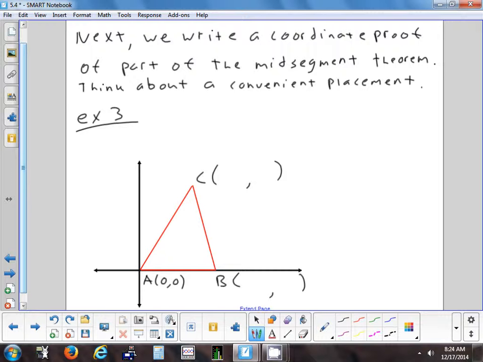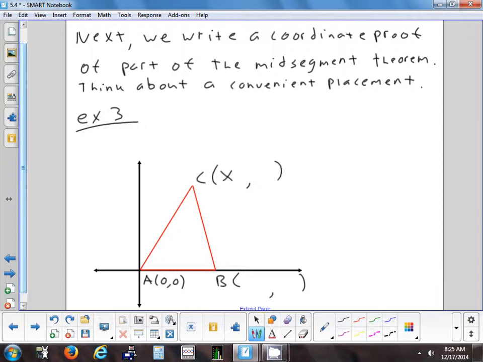What do you do? Okay, so if you're averaging 2 things, then divide it by 2. What kind of numbers can you divide by 2 easily? Even numbers. So what we want to do is think about the coordinates for C and for A, or C and B. But we want to use even numbers.